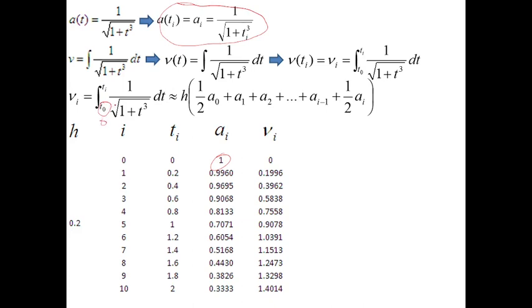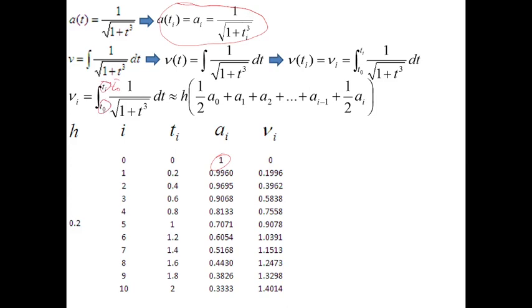So at time 0, what is our velocity? At time 0, our velocity is 0, no? So v sub 0 for i equals 0.